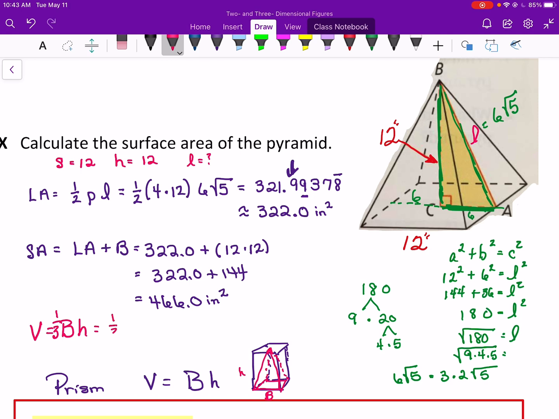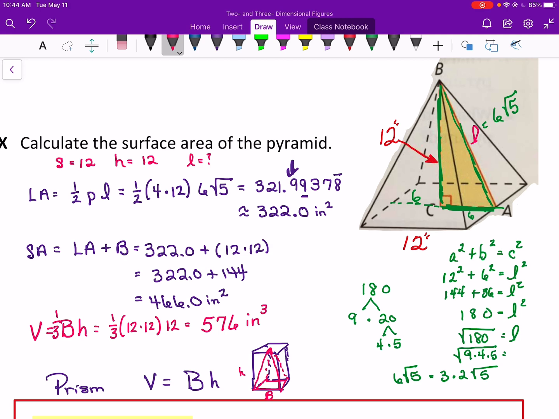So 1/3 area of the base is a square, so 12 times 12, and then the height on our particular pyramid is also 12. So 12 times 12 times 12, and then 1/3 of that, so divided by 3, and we get 576 in its volume, so inches cubed.